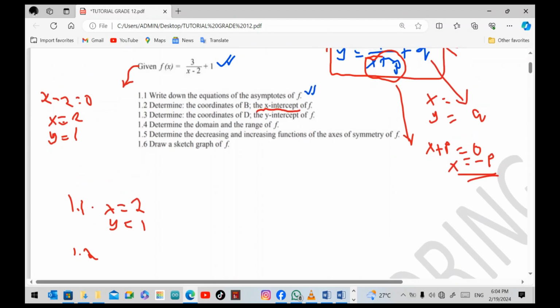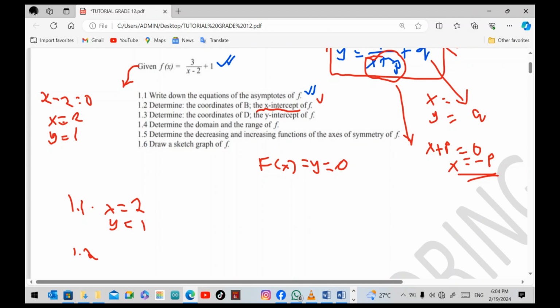If they are looking for the x-intercept, you all know that when we are looking for x, we let y be 0. In our case, f of x, h of x, g of x, k of x, j of x, they are all y, right? So f of x is equal to y. So now y is equal to 0, because we are looking for the x-intercept. And how do we find the x-intercept? We solve for x. That's the only way to find the x-intercept, right?